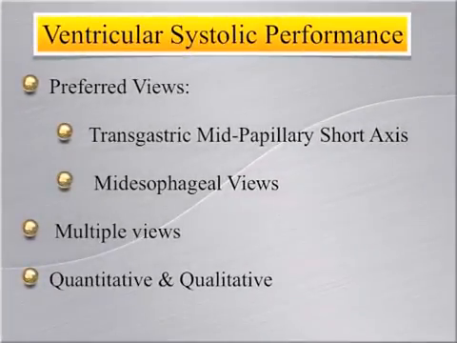In the assessment of systolic performance, a number of views prove useful. As noted previously, the transgastric mid-papillary short-axis view serves as a useful starting point, but must be coupled with other transgastric and mid-esophageal views to gather both quantitative and qualitative data.